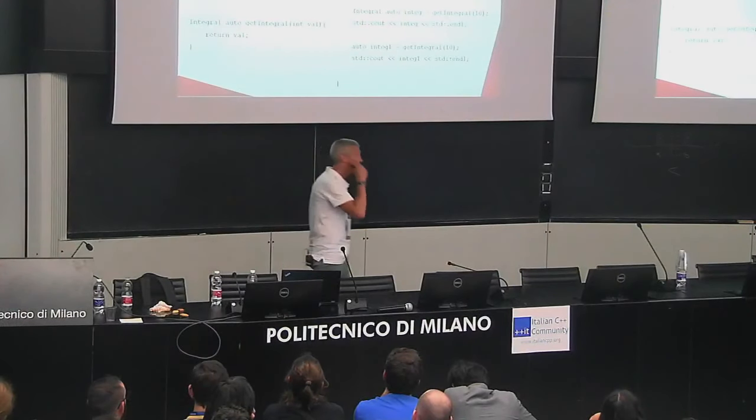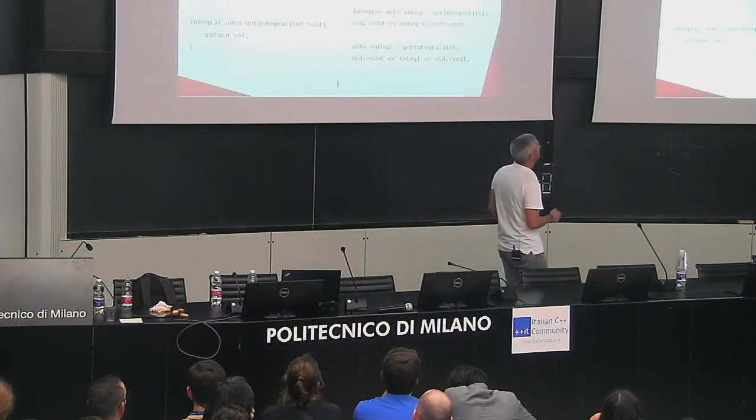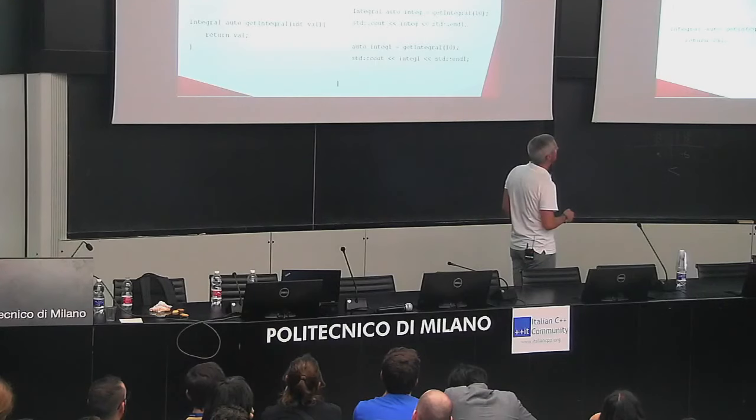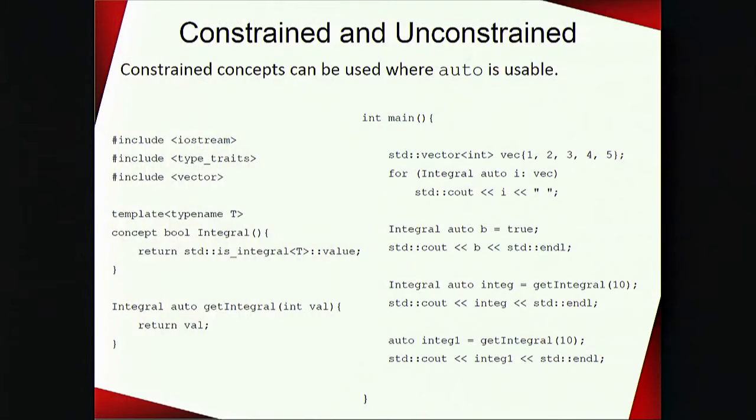The first syntax for concepts was a little different. In this one you have only to use integral, but now you have to use integral auto. This is the C++20 syntax. Okay, you see, now I can use it. In each place you use auto, you can say integral auto. In a range-based for loop, in initialization of my bool.